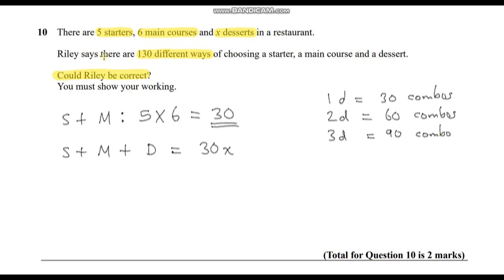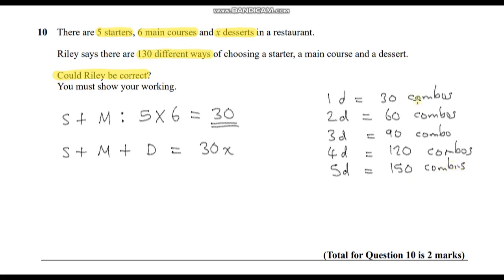And you can see that Riley says that there are 130 different combos. So let's see if he could be correct. If we had 4 desserts, well, that would be 30 times 4, which is 120 combos. So if we had 5 desserts, well, 30 times 5 is 150 combos.